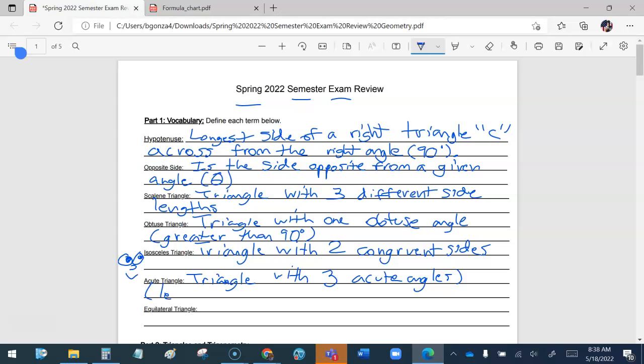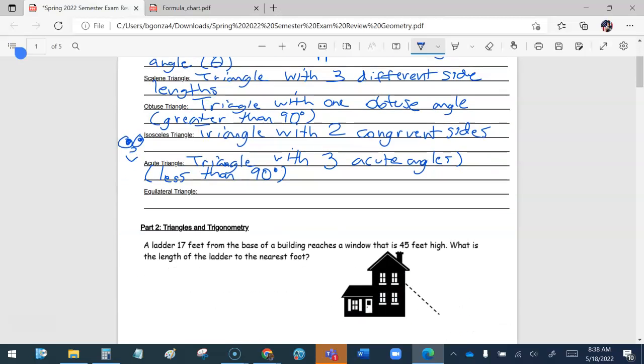And what does acute mean? Less than 90 degrees. Okay, equilateral triangle. Triangle with all congruent sides. All 3 congruent sides, okay?